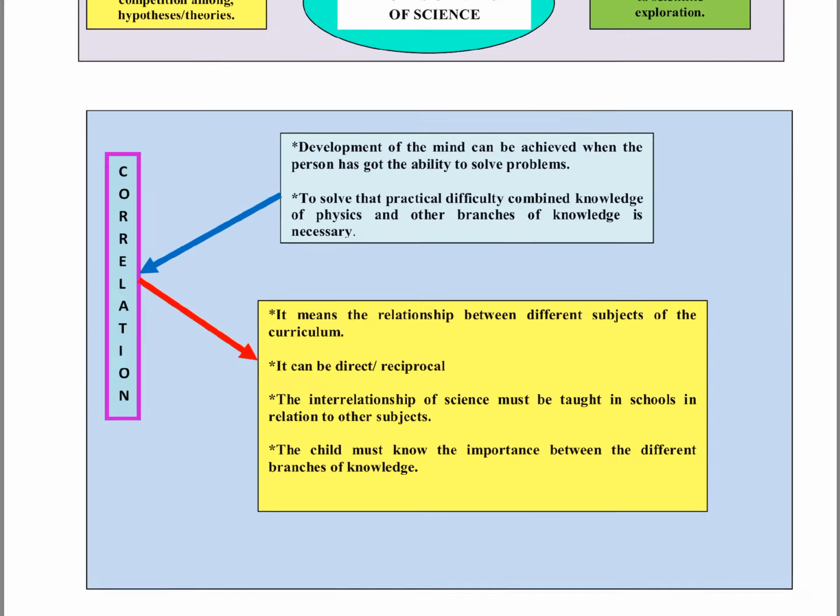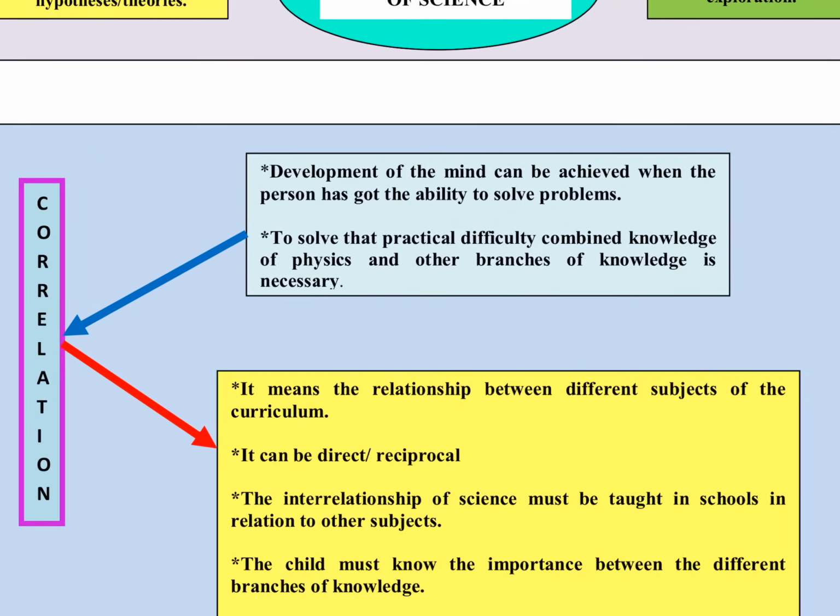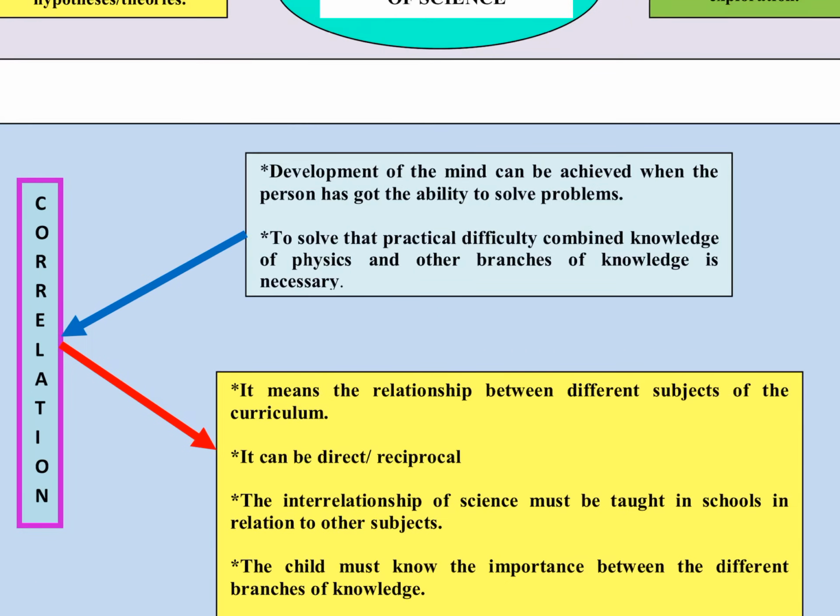area of science and its correlations with other science subjects, with other disciplines, and also with life and the environment. So usually we can say the development of the mind can be achieved when the person has the ability to solve problems.